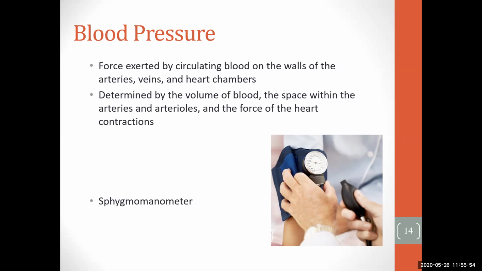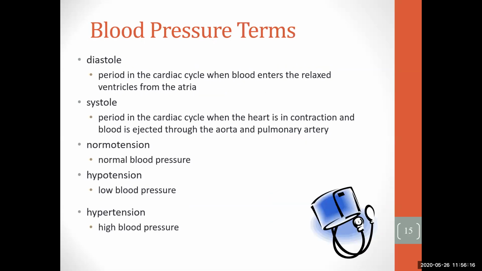When we look at measuring blood pressure, that's the force exerted by circulating blood on the walls of the arteries, veins, and heart chambers. It's determined by the volume of blood, the space within the arteries and arterioles, and the force of the heart. That blood pressure cuff is a sphygmomanometer. Sphygmomanometer, it's hard to say, so we often just call it a blood pressure cuff.